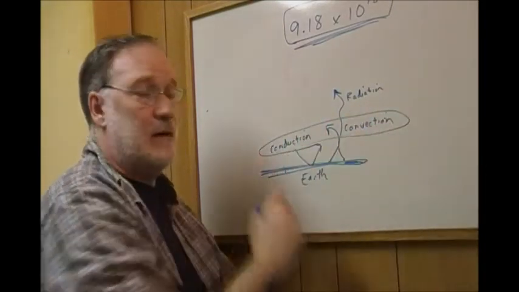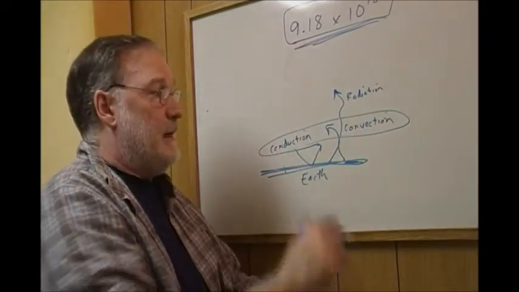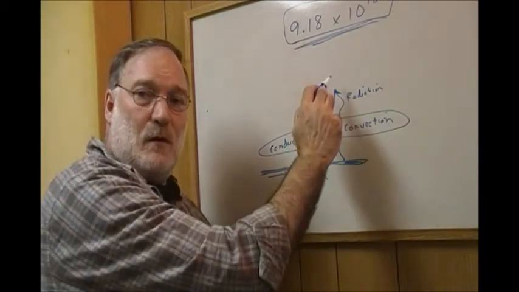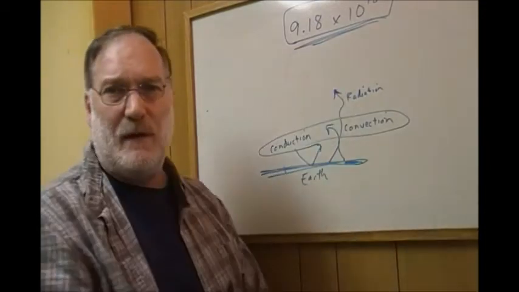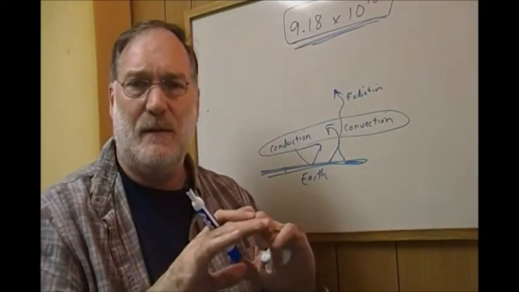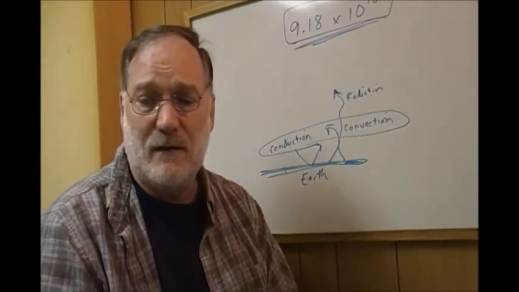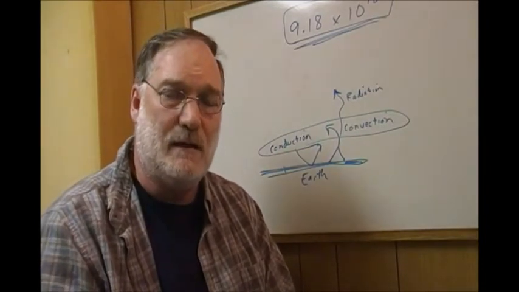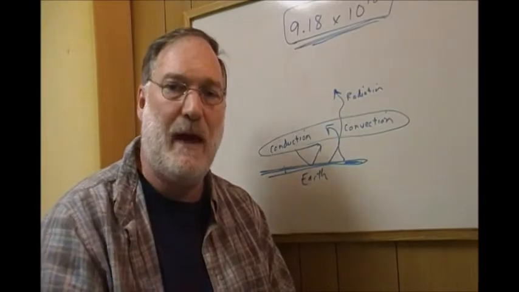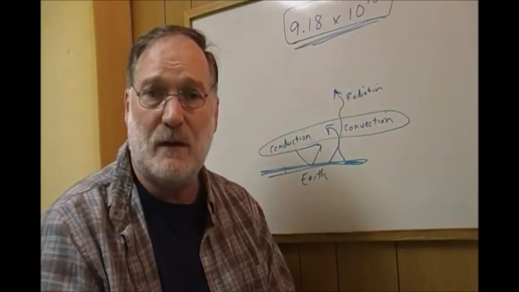Really, these two kind of work together. And then there are some molecules that also absorb radiation. But then all the gases of the atmosphere, whether it's greenhouse gases or nitrogen or oxygen, all of them give off thermal radiation in a black body pattern based on their temperature.